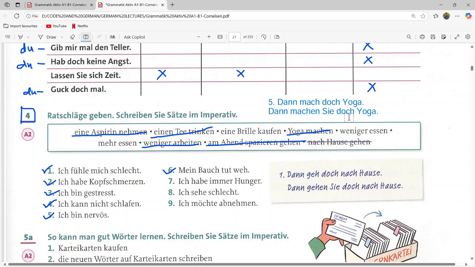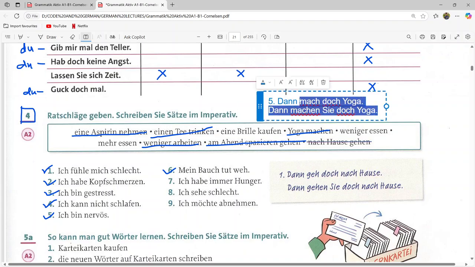So what will it become in the du form? "Dann trink", not trinkst, "trink doch einen Tee." In the Sie form it is "Dann trinken Sie doch einen Tee."